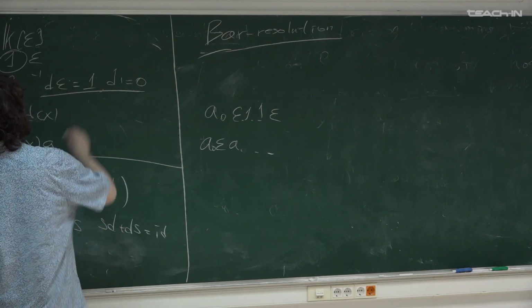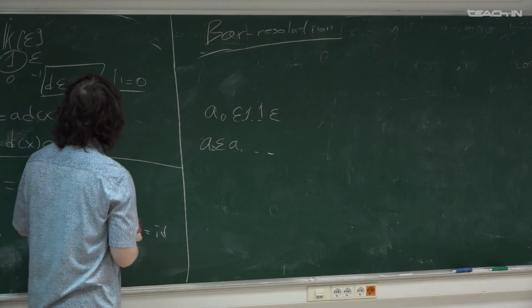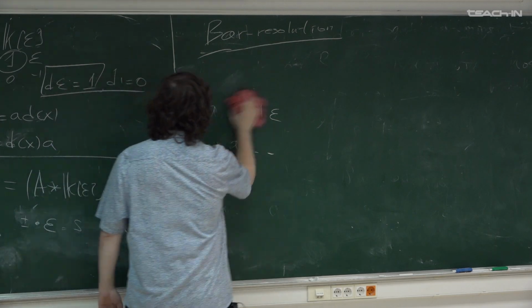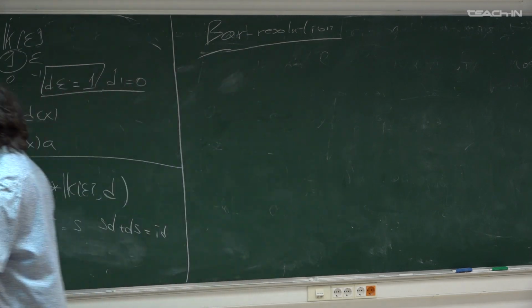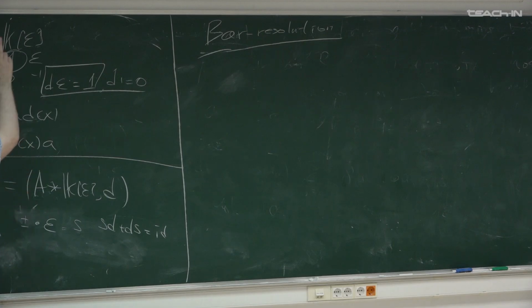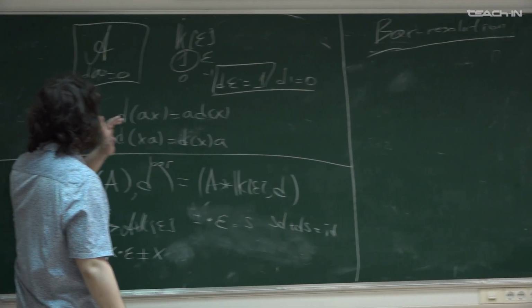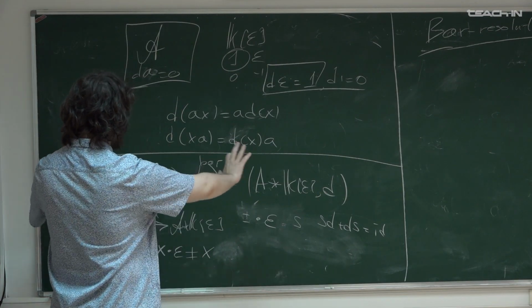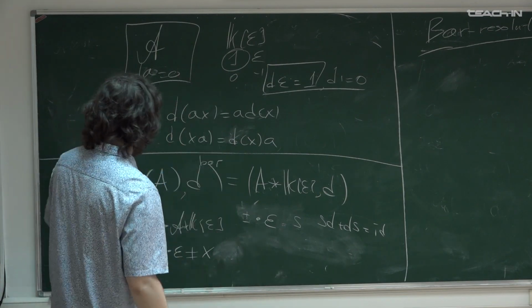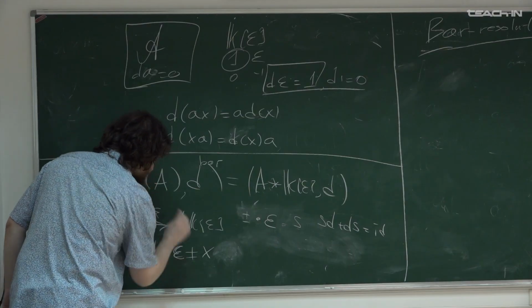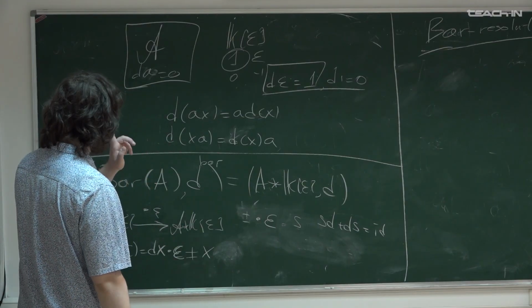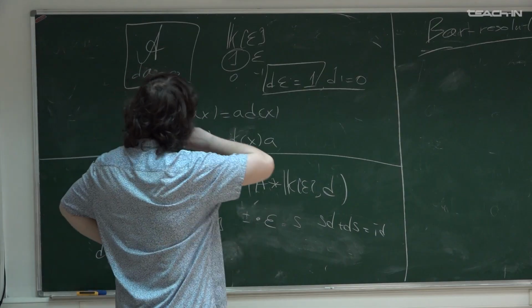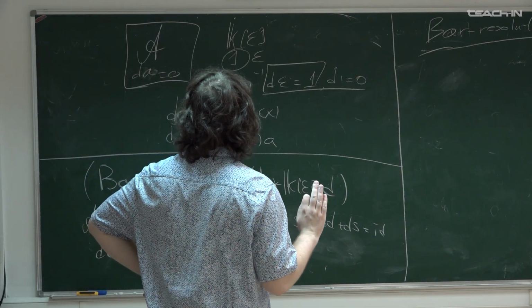This cannot happen if epsilon squared is 0, if it's not characteristic 2. But all the rest is correct. So we have just a polynomial algebra, with words, the differential, and so on. And multiplication by epsilon is a homotopy, and so on. Sorry, it's just polynomials. My fault.